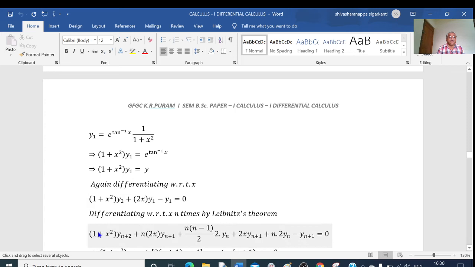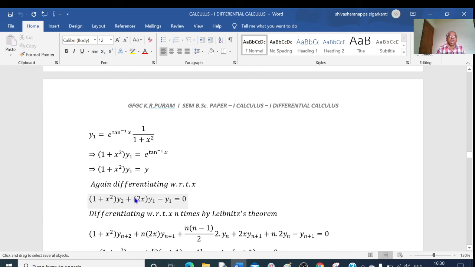Nth derivative of this is 1 plus x square as it is, nth derivative of y2 is yn plus 2, plus nC1 is n. Derivative of this is 2x, with 1 less derivative is yn plus 1, plus nC2 n into n minus 1 by 2 factorial into derivative of 2x is 2, with 1 less derivative is yn. This is the end of nth derivative of this one.